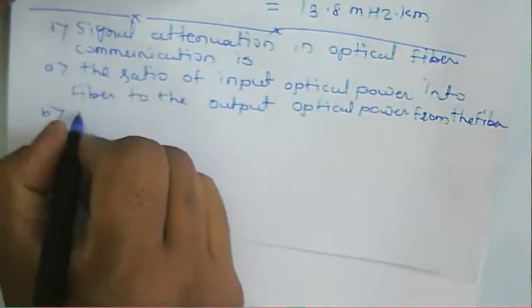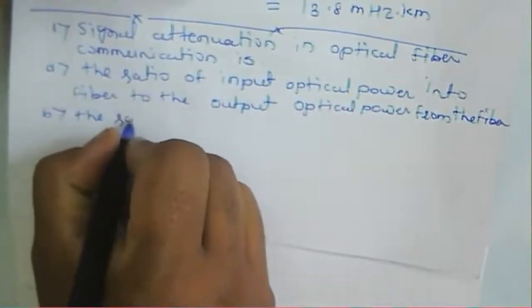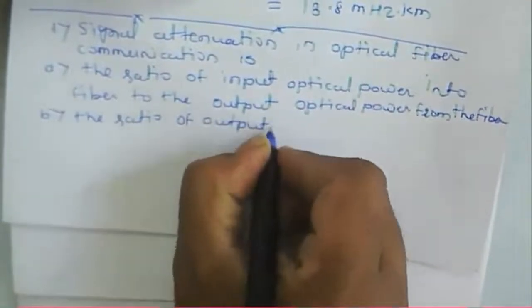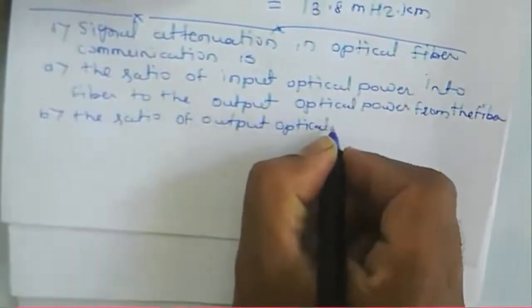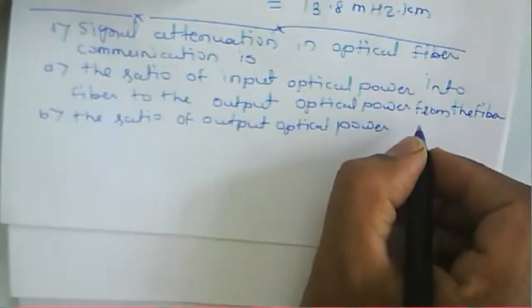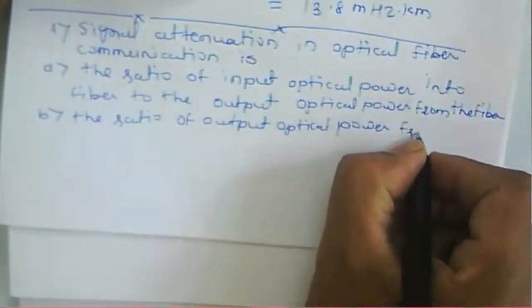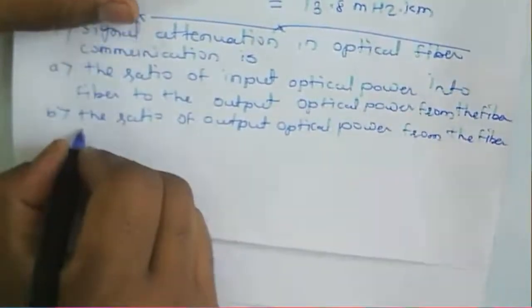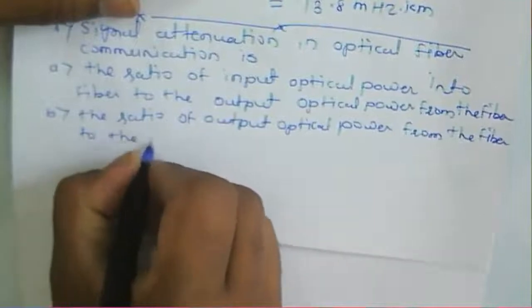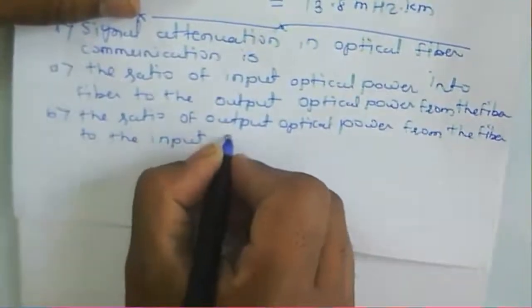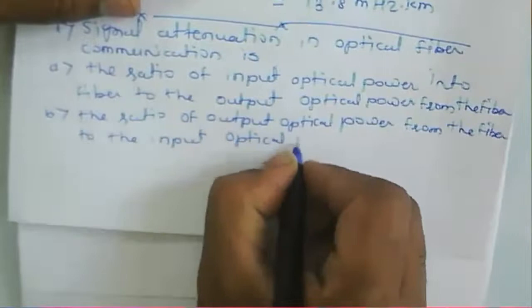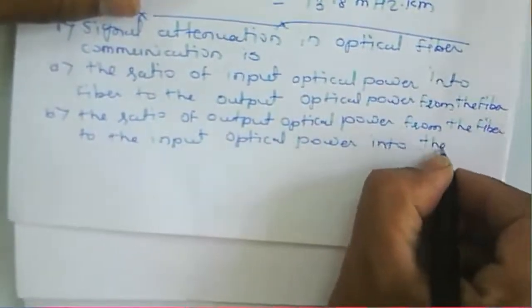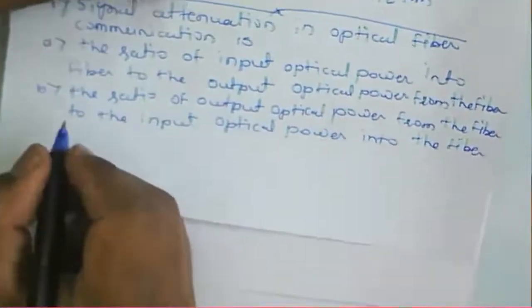And B, the ratio of output optical power from the fiber to the input optical power into the fiber.